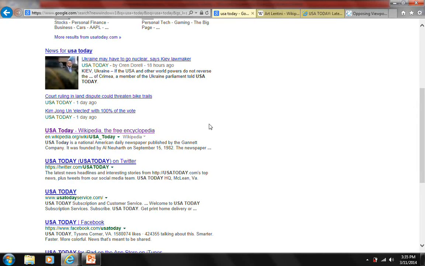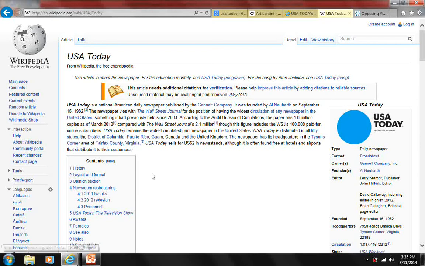And so, once again, Wikipedia is a good source for background information. So what does Wikipedia have to say about USA Today? Well, it says it's a national American daily newspaper, founded in 1982, has one of the world's widest circulations of any newspaper.